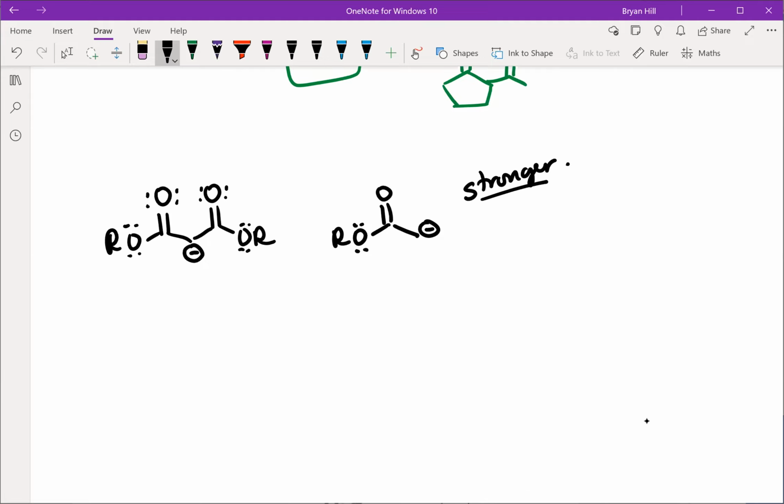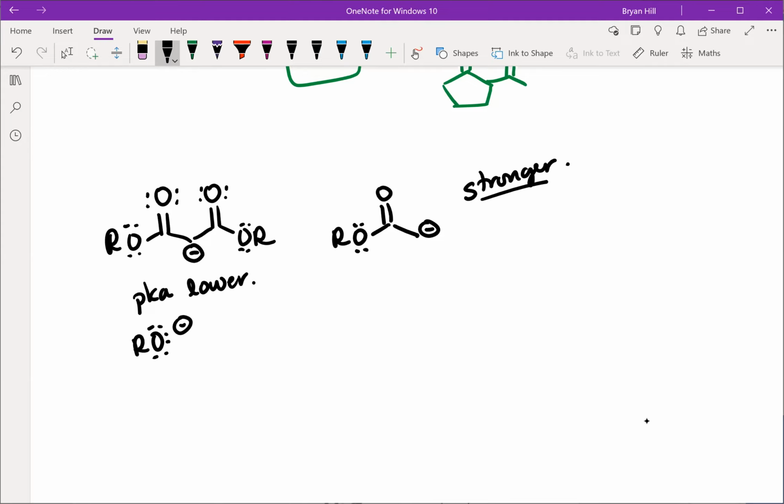Whereas with a malonate, because this negative charge is stabilized by resonance between the 2 carbonyls, the pKa is lower, and you can use weaker bases, even as we're going to do in the lab using OR minus. So that gives it certain advantages.